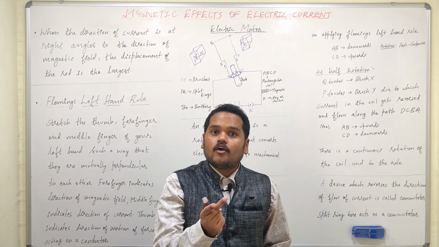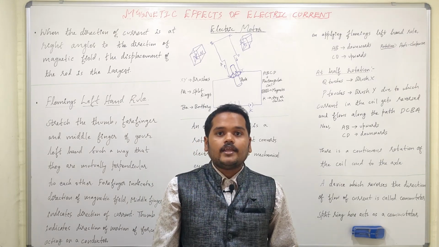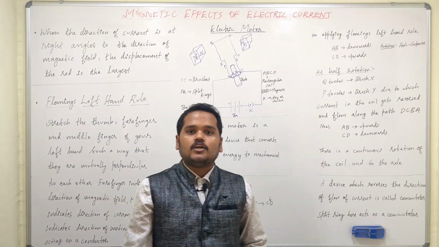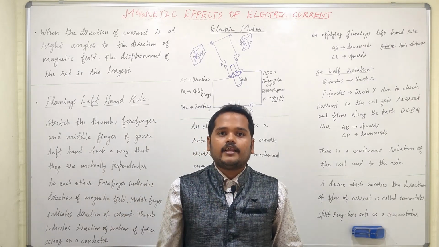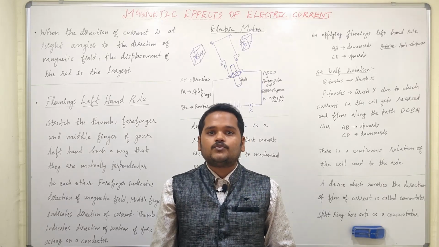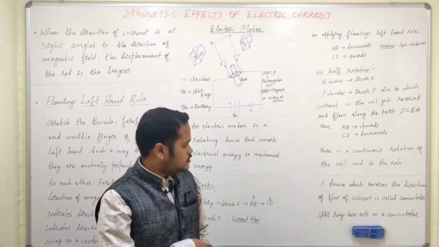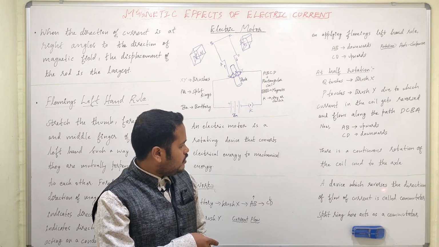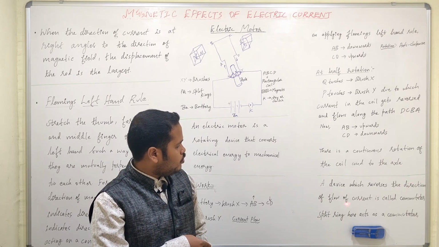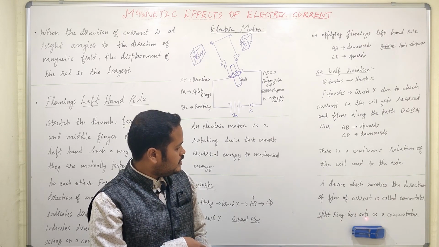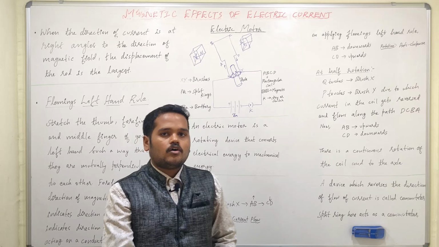So the current got reversed. Why? Because of a commutator. A commutator is a device which reverses the direction of flow of electric current. Here, the commutator which we have used is the split ring. Split ring here acts as a commutator.